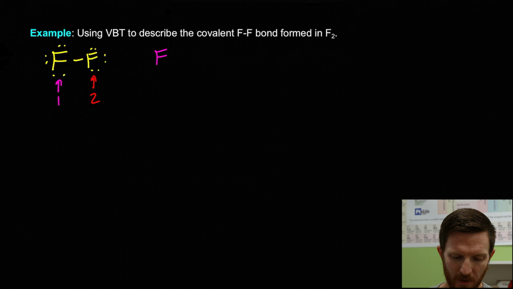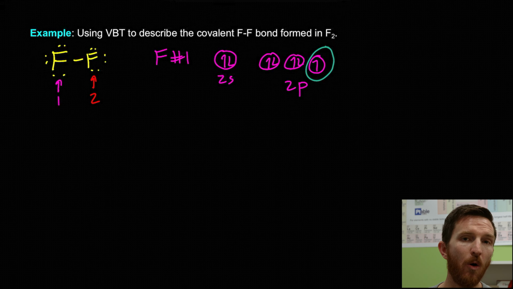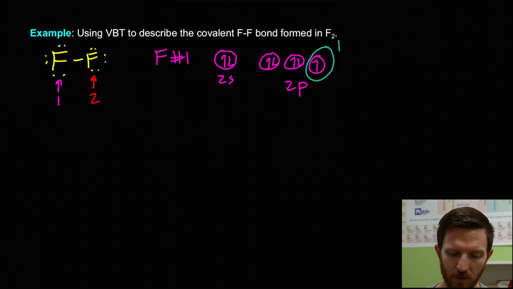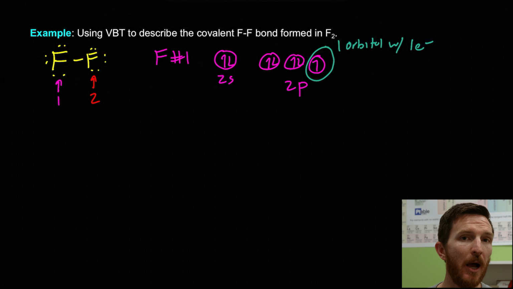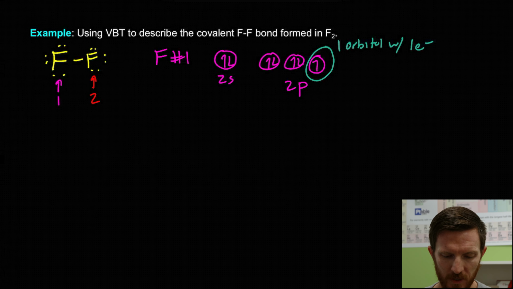In my first fluorine atom, number 1, we look at our valence electrons. They're occupying the 2s and the 2p orbitals, so we can draw an orbital diagram to illustrate where my electrons are. We notice that I have one orbital that has a single electron, meaning it has the ability to overlap with another orbital and share that electron with the other atom.